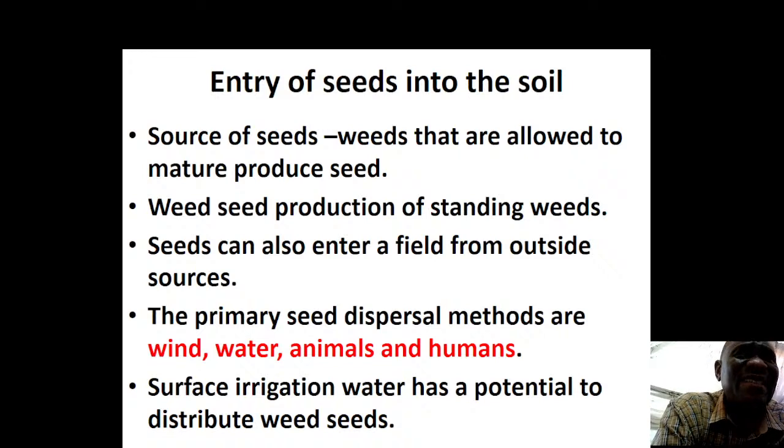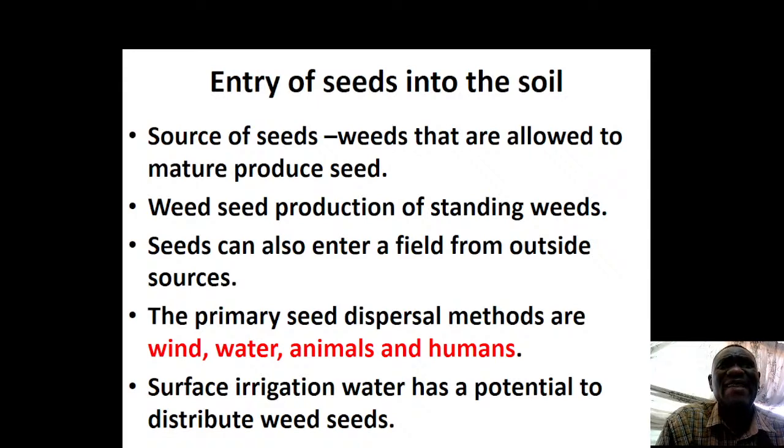How do the seeds enter into the soil seed bank? Or how are weed seeds deposited in the weed seed bank? The source of seeds could be weeds that are allowed to mature to produce seed. Weed seed production of standing weeds can contribute to the amount of weed seeds in the soil.